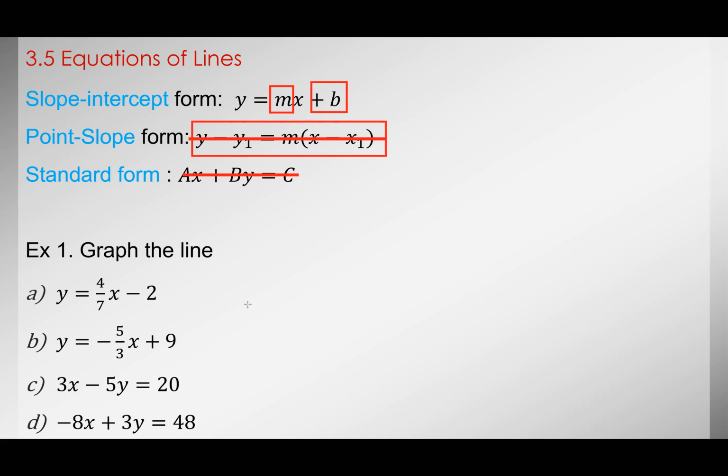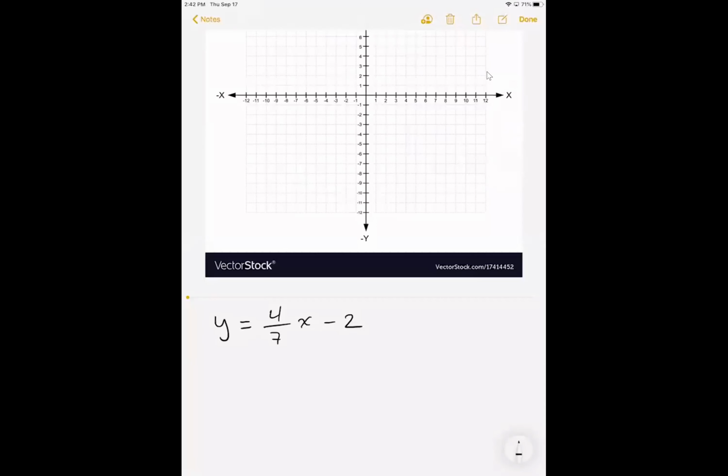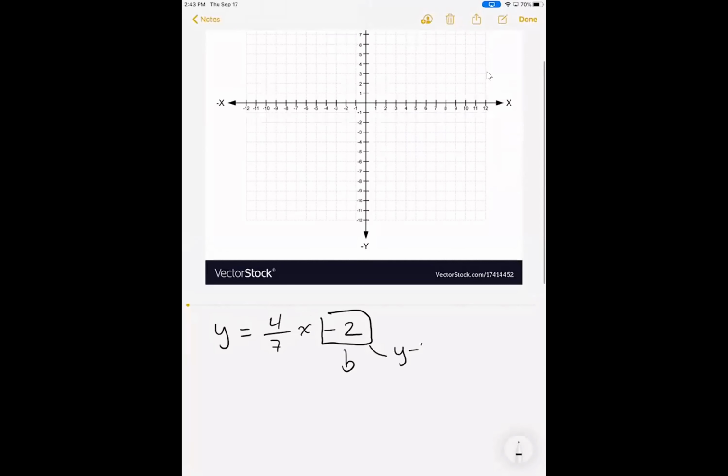So one thing I want to point out to you, ladies and gentlemen, is if we have slope-intercept form, which for part A, we do have, life is good. Why is life good? Whenever you have a slope-intercept form, remember that this is your b, and your b is your y-intercept.